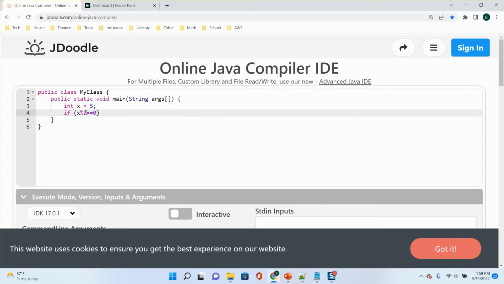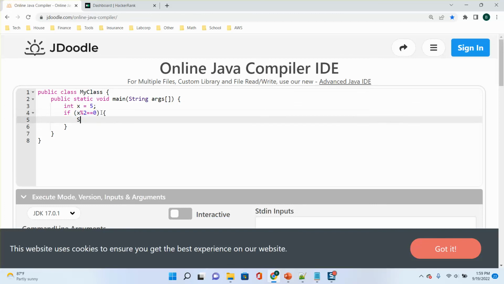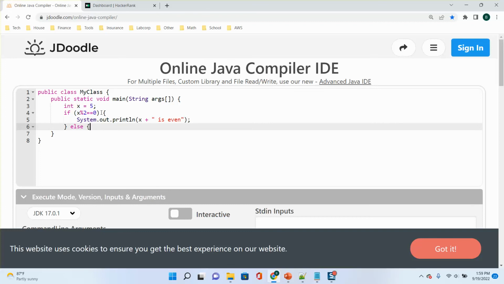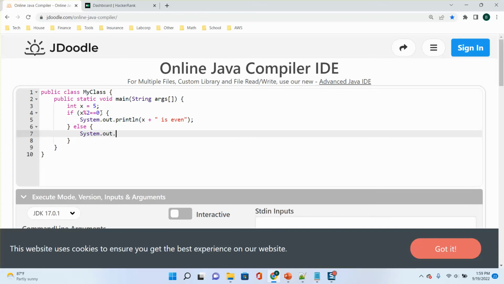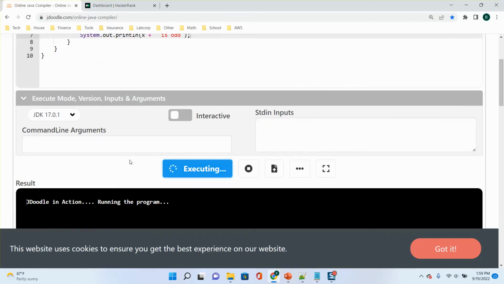So the remainder is 0, it's exactly a multiple of 2. Then I print x is even. And I use else, I print x is odd. So this is very straightforward.